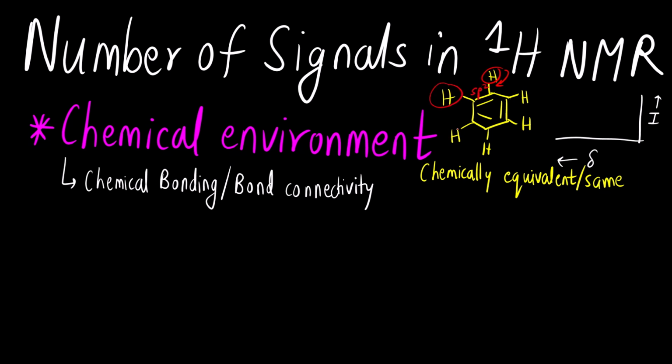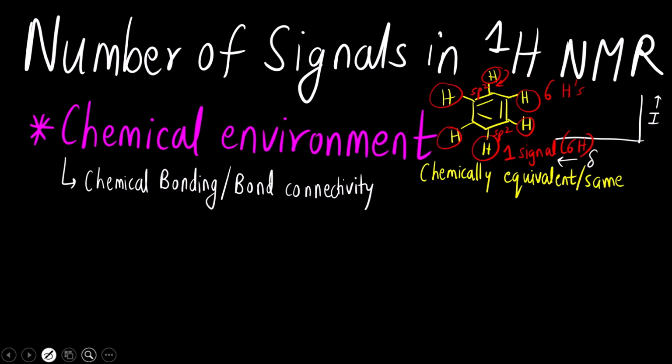So we can say all 6 hydrogens are chemically equivalent. How many signals will we get? We'll see one signal of how many protons? 6 protons. In this way you write the number of signals, and in brackets you write the number of protons for that particular signal.